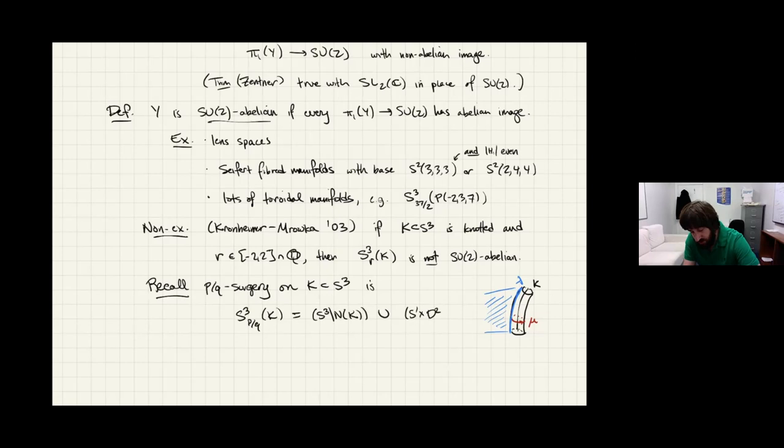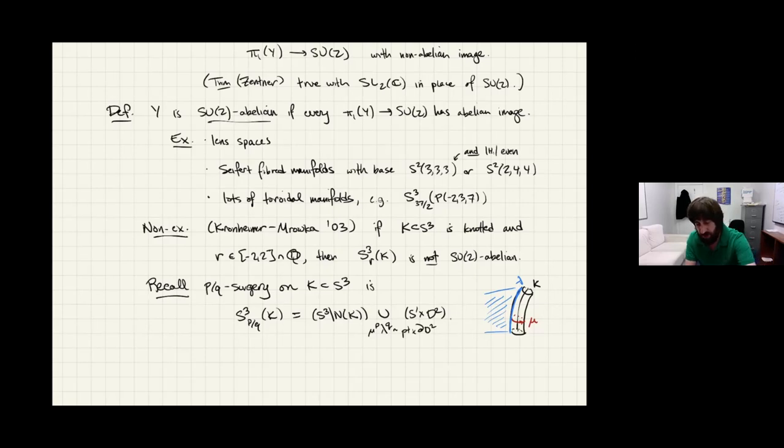We had removed a solid torus to get to the exterior, but we're going to glue it back in a different way so that the curve mu to the P, lambda to the Q, where mu and lambda are these basis elements here, we want to fill that in with a disk. So we'll glue it to point times the boundary of a disk, like that. And you can do this for any rational number, and you get some manifold.